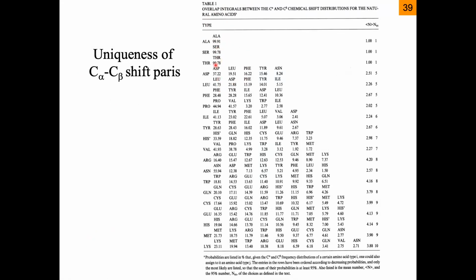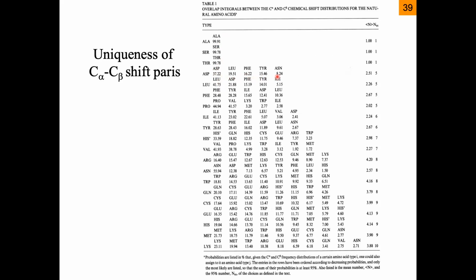But then you go, for example, to aspartate, there is 37% overlap with aspartate itself, 19% with leucine, phenylalanine, tyrosine, isoleucine, meaning you observe a shift for aspartate, but it could also be a leucine, a phenylalanine, or tyrosine.